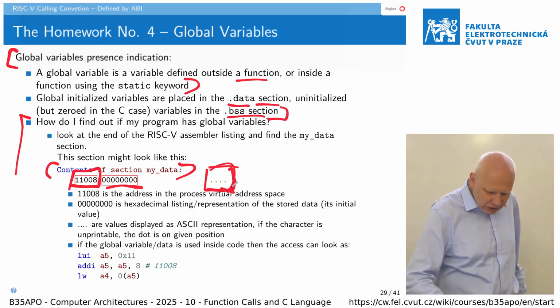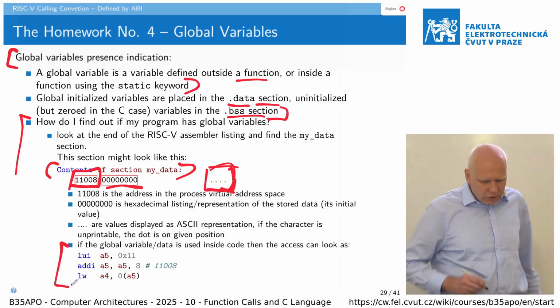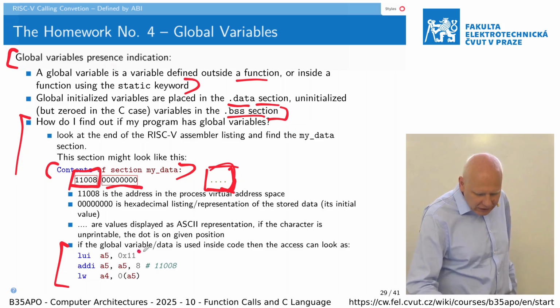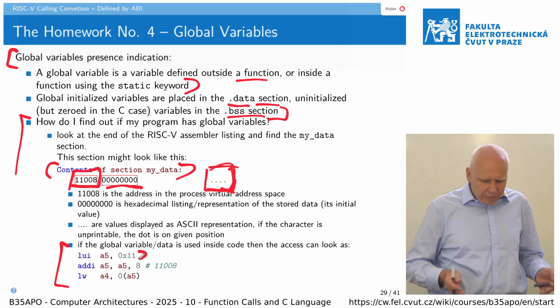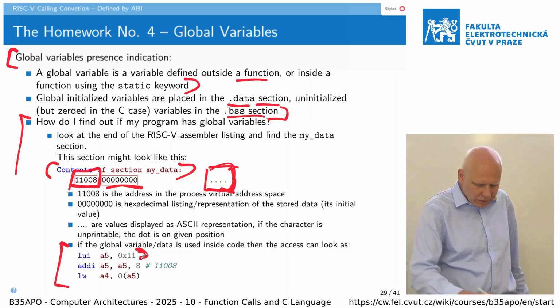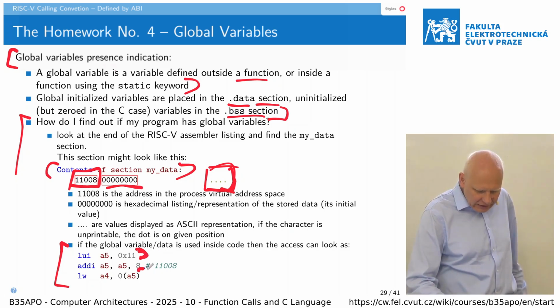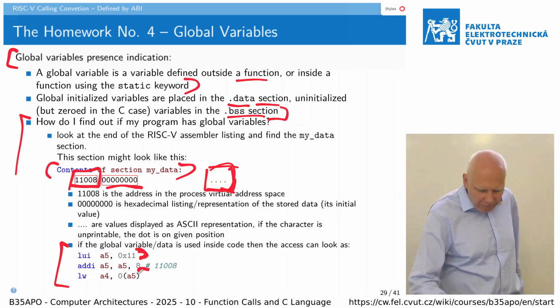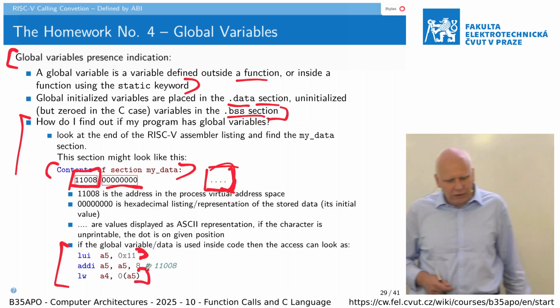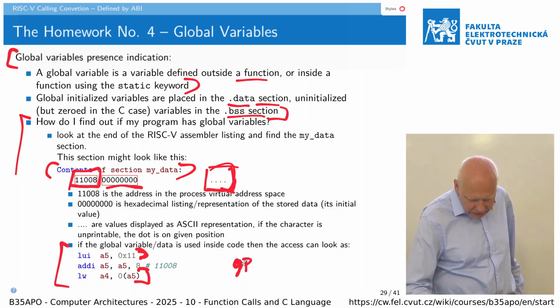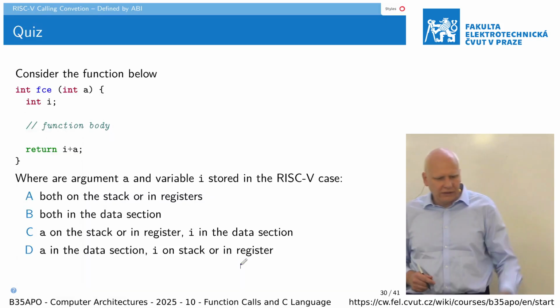And in the actual code, the access to the global variables is realized usually with some sequence which first prepares the upper part of the address of the global variable, then adds it together with some lower part and then accesses the actual value. But sometimes it can be relative to the global pointer as well. So you will find it. Okay.